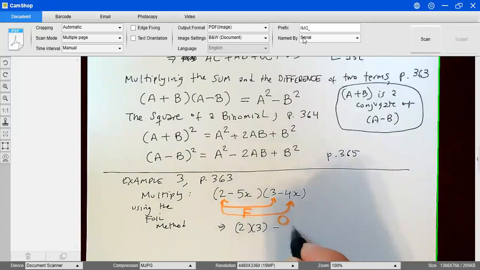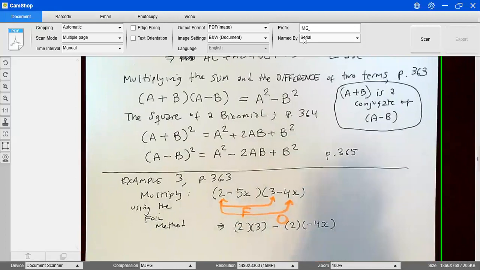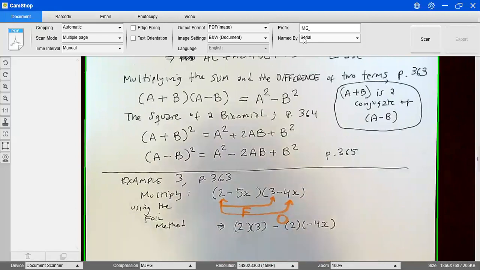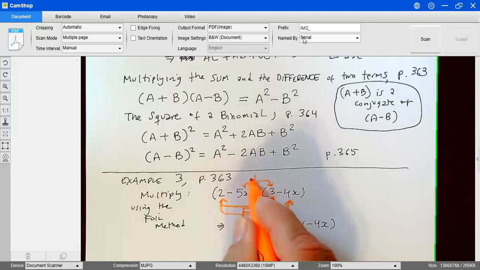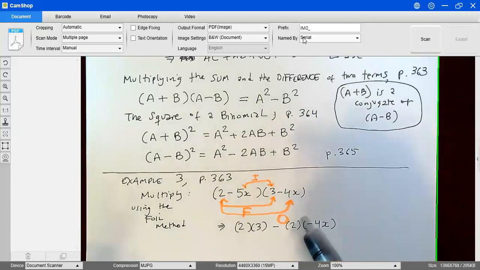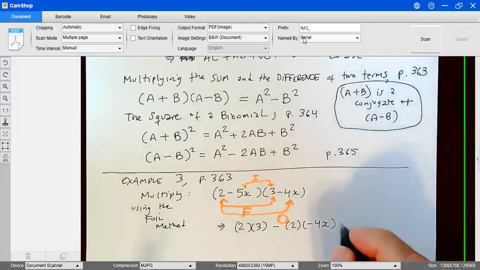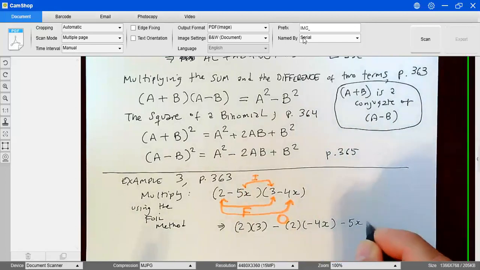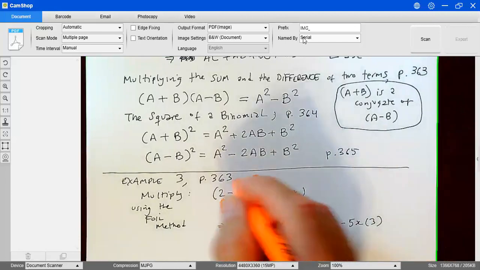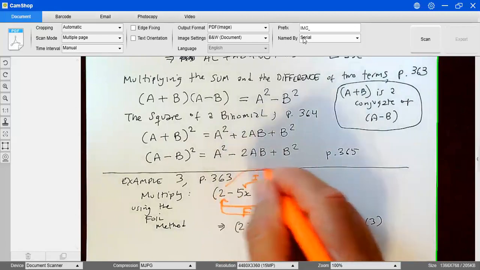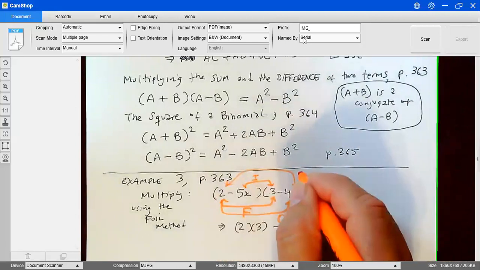I'm going to write first the indicated operation, then we're going to proceed with the simplification. Then the inside terms are these two. So this is going to be -5x that multiplies 3. And finally the last terms.